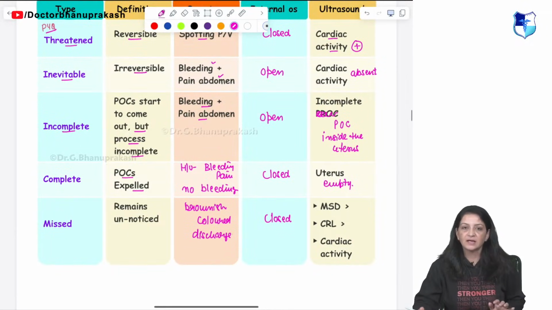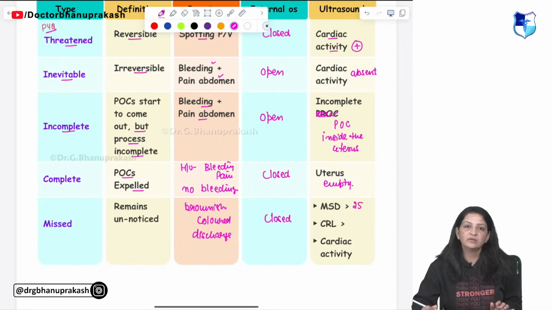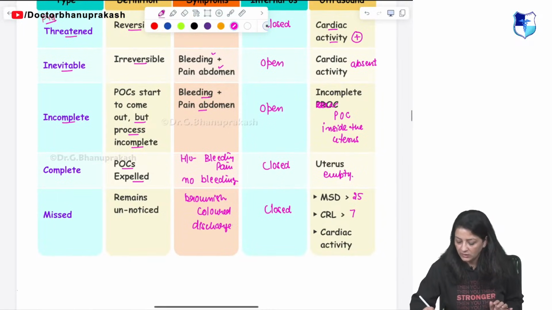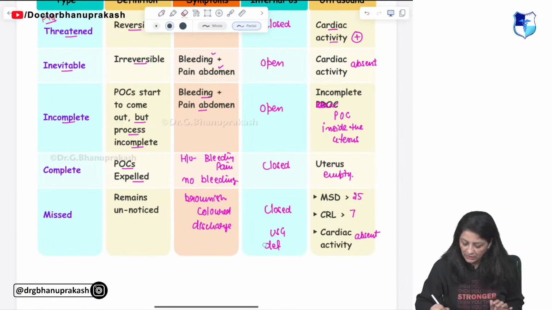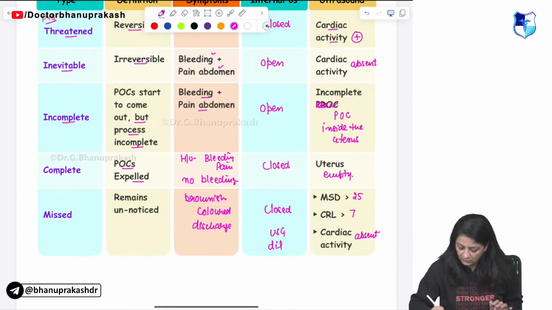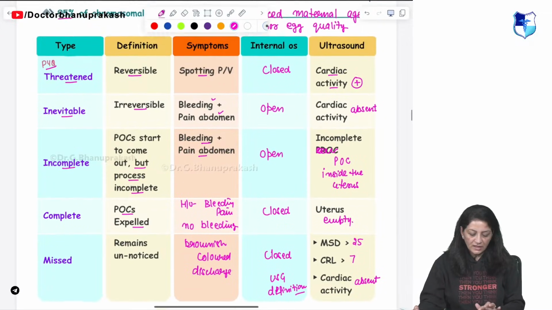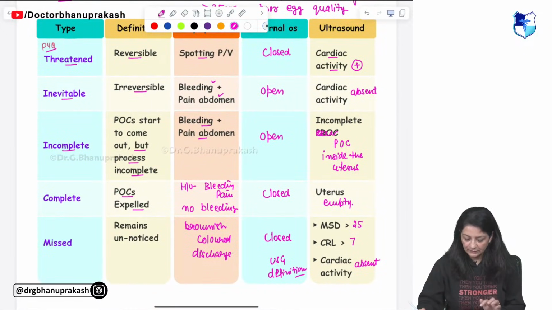If the mean sac diameter is more than 25, crown rump length is more than 7, and cardiac activity is absent. So this is the ultrasound definition of missed abortion. So these are types of spontaneous abortion.